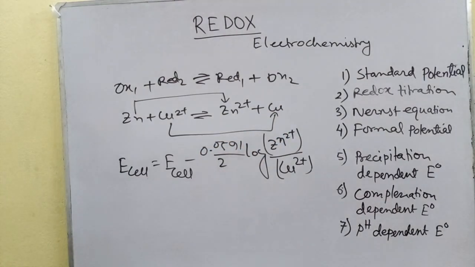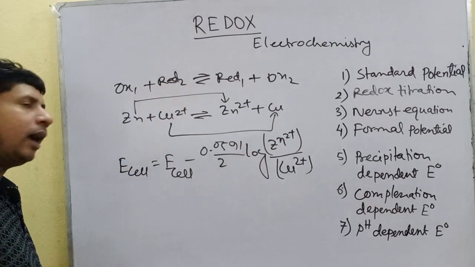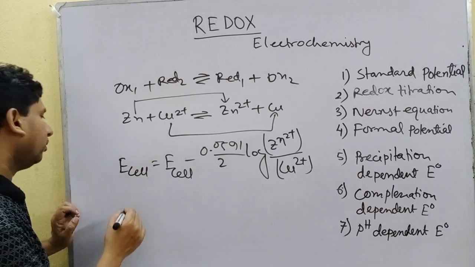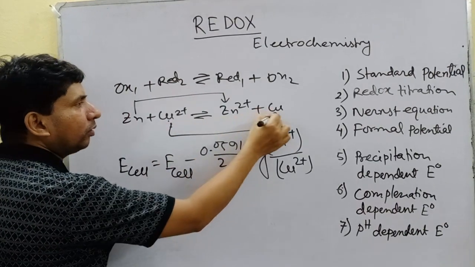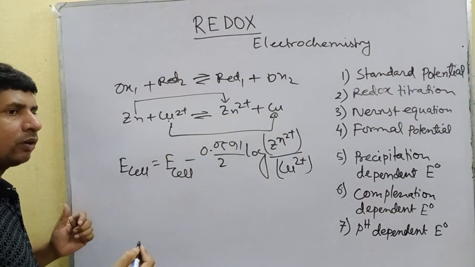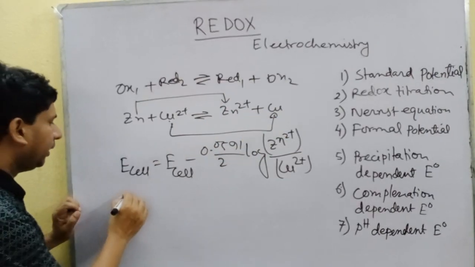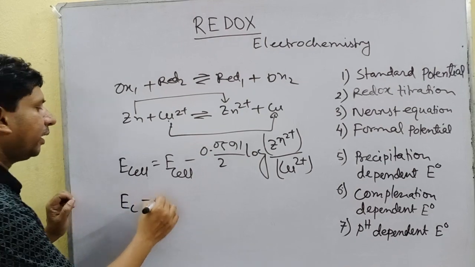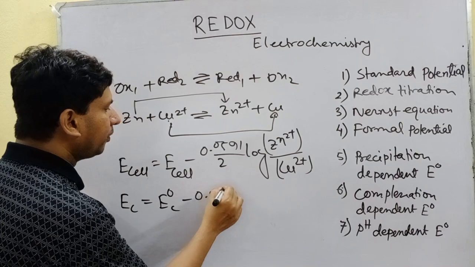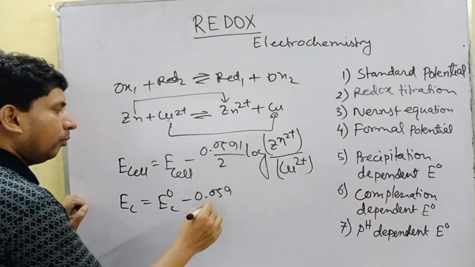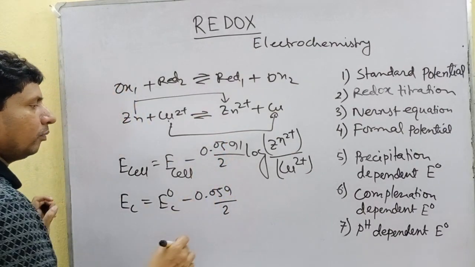Okay, now for any half cell, how can we write it if it is reduction? Reduction occurs at the cathode, so E cathode equals E0 cathode minus 0.059 by 2 log.